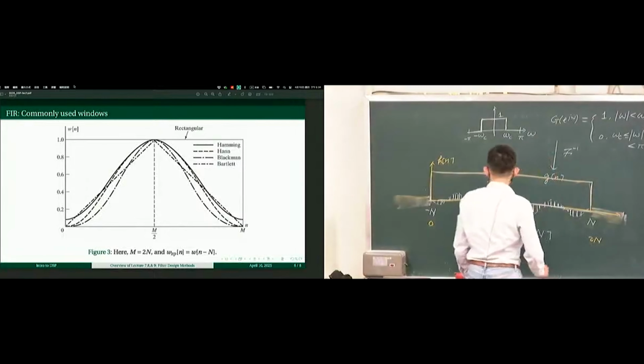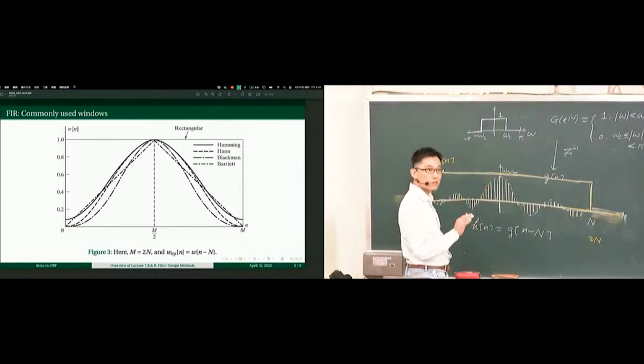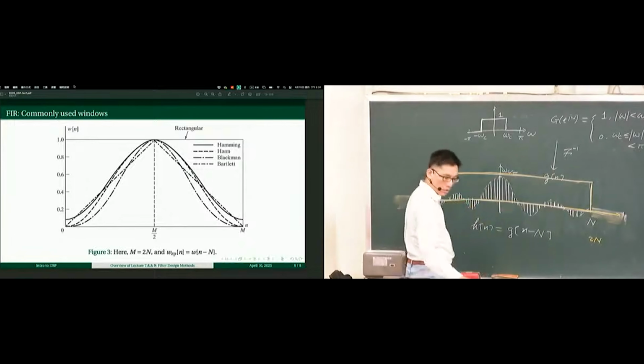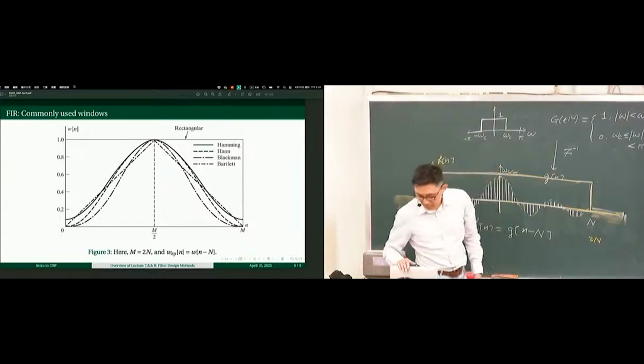So the idea is that now we are going to multiply h of n with w of n. That's the action of windowing.